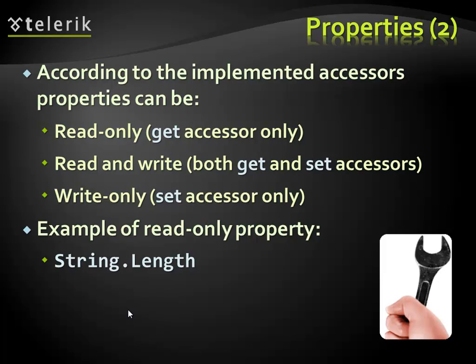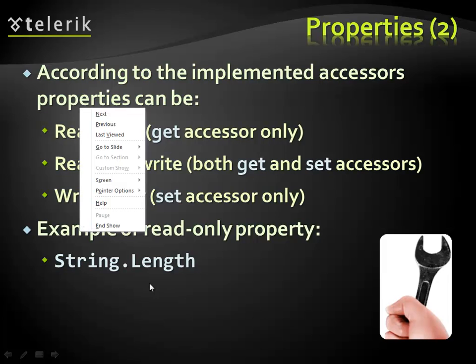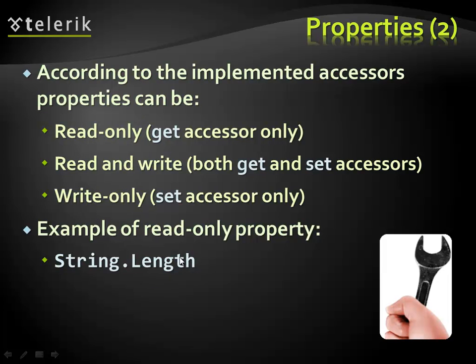For example, when I have a new string and I initialize it with a certain string, then at this point the length of the string will be calculated and stored for it. And when I access the length property, I can read it, but I cannot change it. Only the class itself inside its works can do it. So in this case it probably means that it's a property without a public setter.